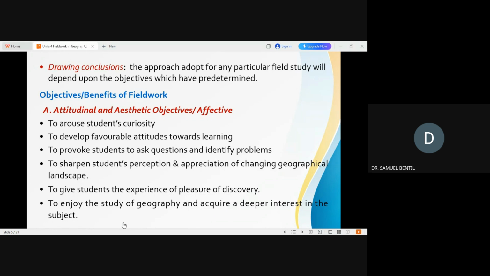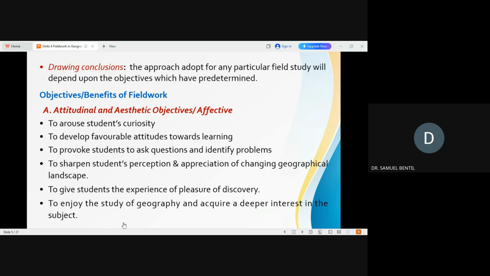And here we are saying that one of the benefits is that fieldwork arouses student curiosity. When students sit in the classroom for a long time, they become bored. They don't see anything interesting about the subject. But when you take them outside the classroom to observe the environment, it arouses their curiosity.